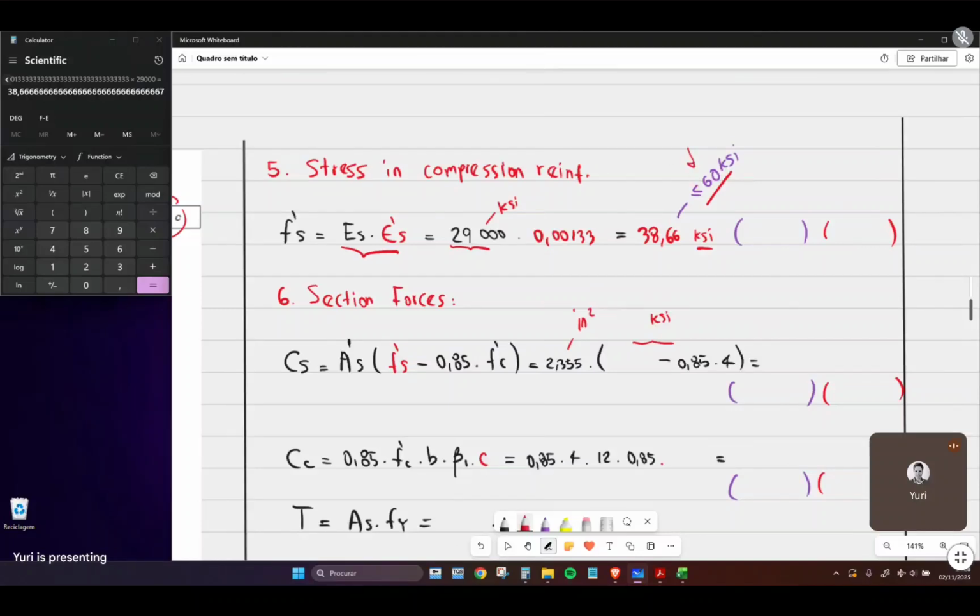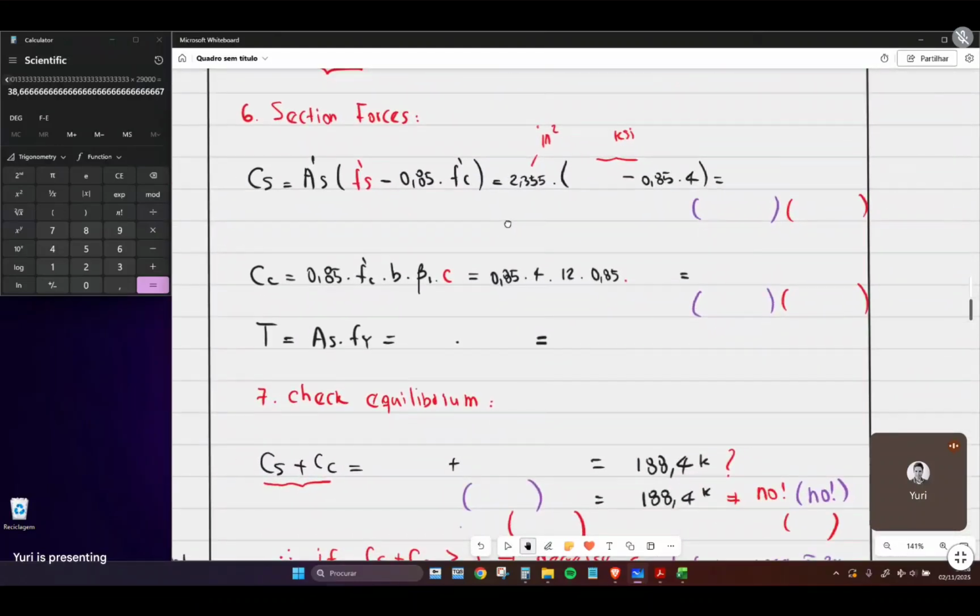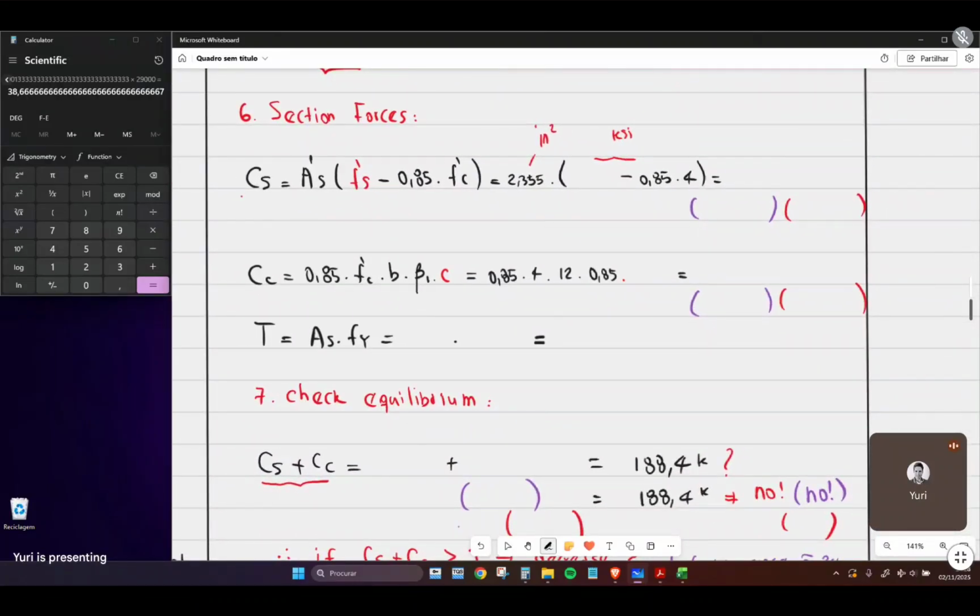Once we have the stress in the compressive reinforcement, let's calculate the section forces. The first section force is the force from the steel. As we said, you just have to subtract the force related to the concrete.